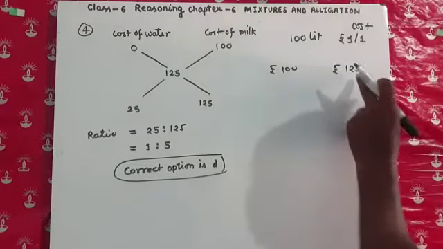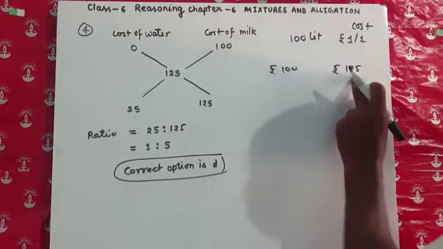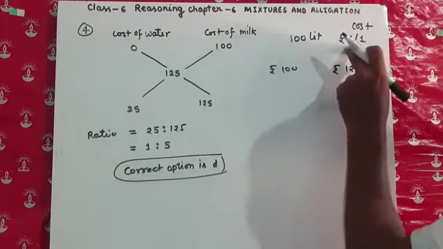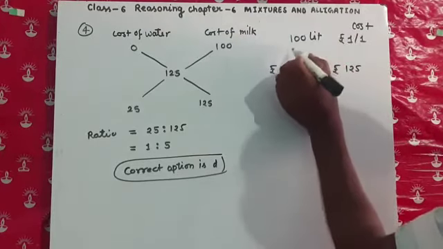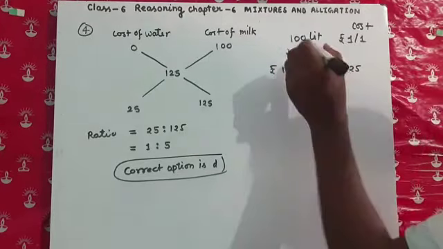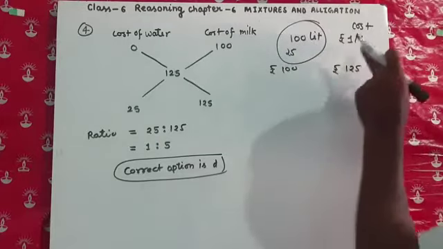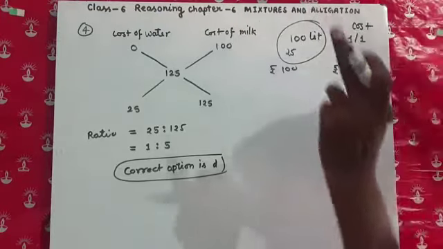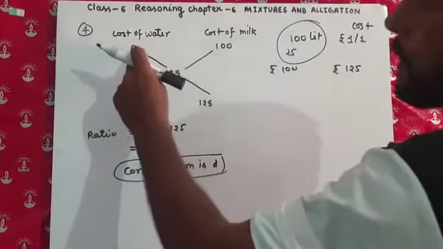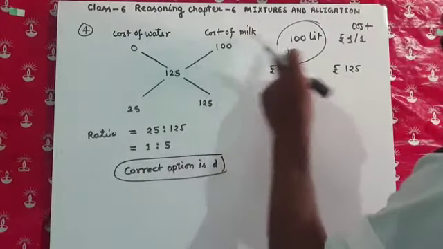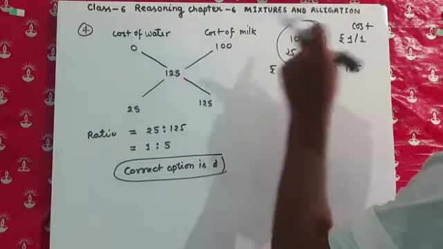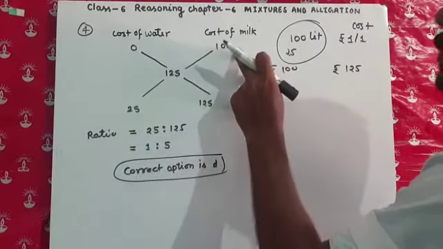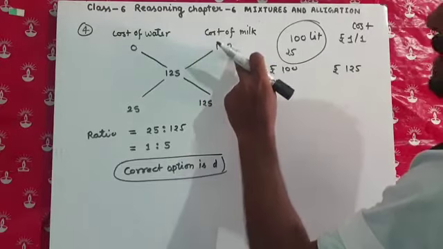So if we need the cost to be 125, we have to add 25 liters of water, then the quantity becomes 125. Same thing is written here: the cost of water is 0 and the cost of the 100 liters of milk is 100, because it is in percent, so 100% cost of the milk is 100.